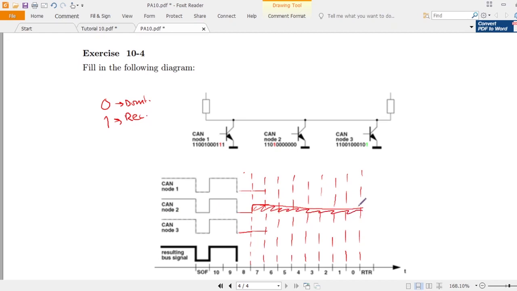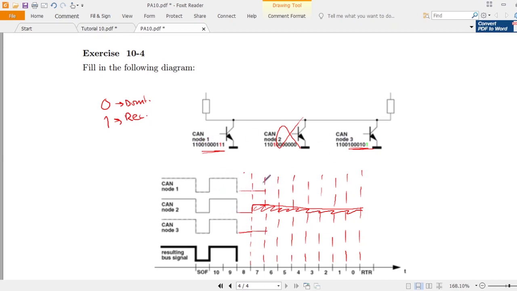Until one of them wins the arbitration and gets transmitted, and then we will go back and try with node 2 again. Okay, so node 2 is out, we are left with node 1 and node 3. So 1 1 0 0 1 1 0 0, we are okay. 1 1 0 0 1 0 0.